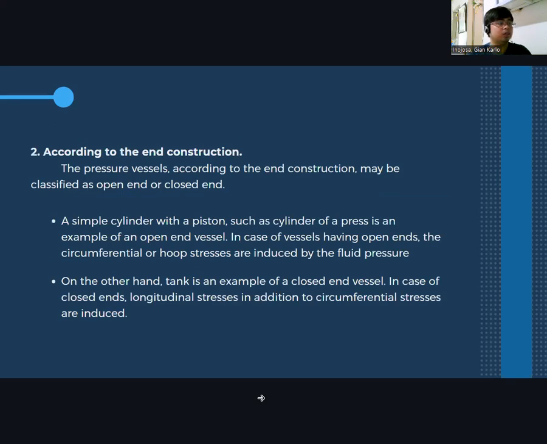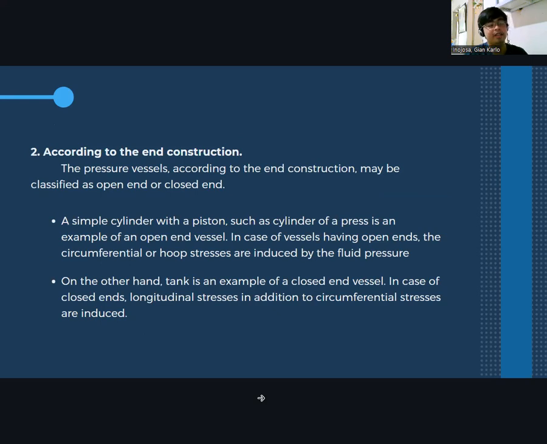Next is according to their end construction. So the pressure vessels according to the end construction may be classified as open end or closed end. So imagine na lang natin na isang simple cylinder with a piston, and such a cylinder of a press is an example of an open-end vessel. Bakit?